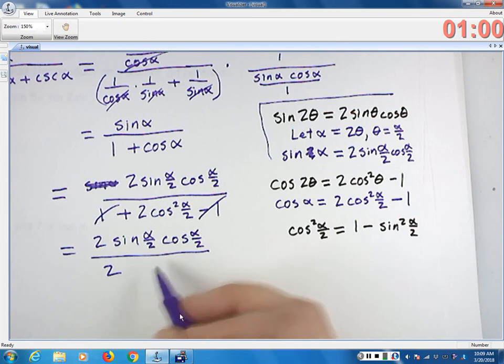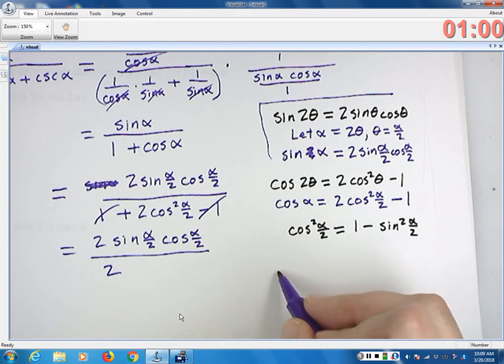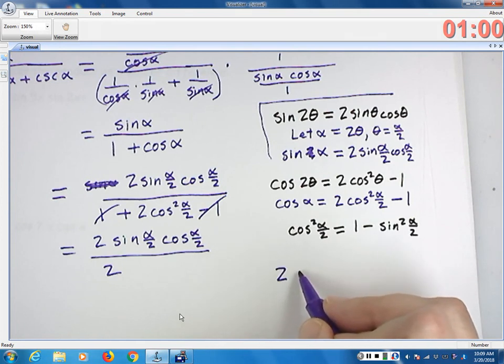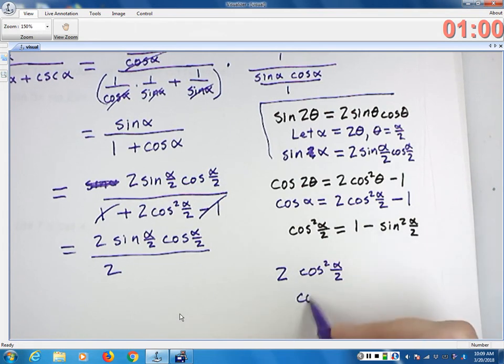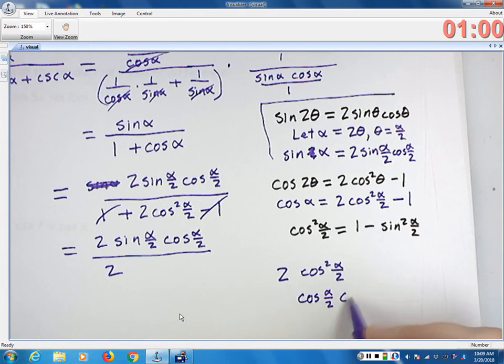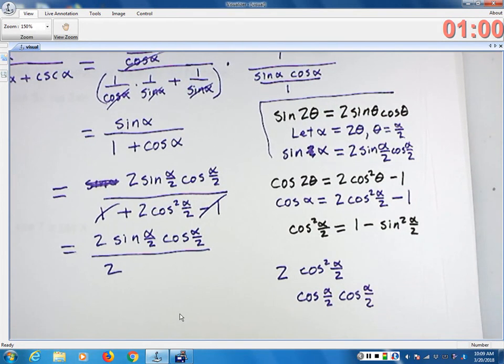On my filled-in notes, I have 2 times cosine squared alpha over 2 equals cosine alpha over 2 cosine. Oh, I just separated it. Oh, it's so easy. I just separated the squared, guys. No wonder I didn't write that down.